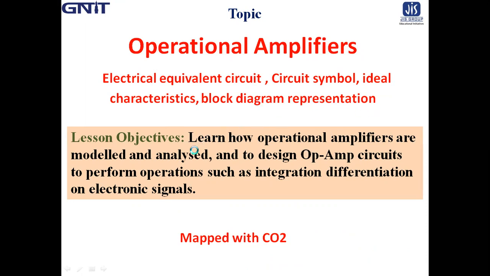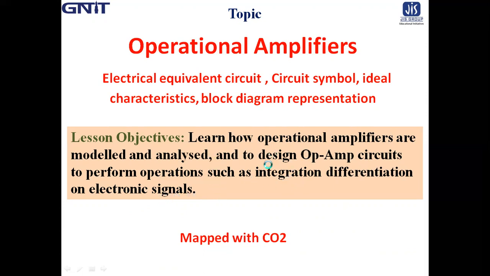The lesson objective of this topic is to learn how operational amplifiers are modeled and analyzed, and to design op-amp circuits to perform operations such as integration and differentiation on electronic signals.